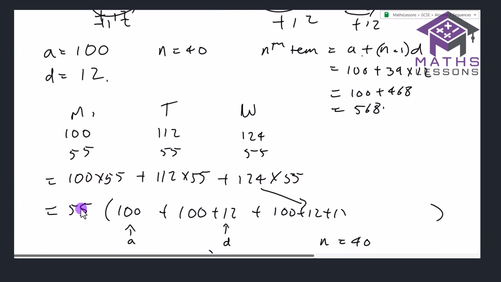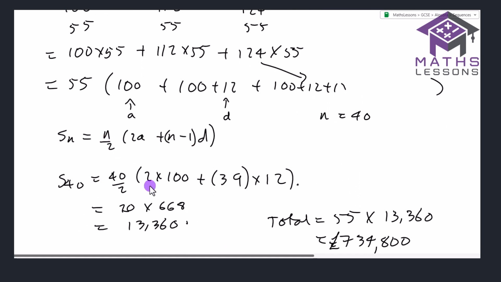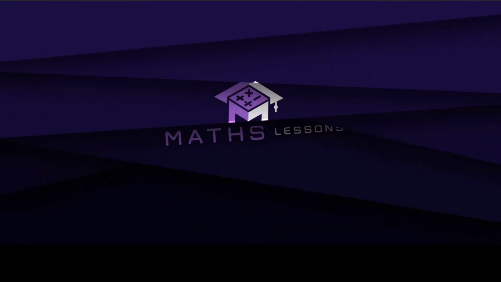We can take out a factor of 55, and then you're just left with this arithmetic series, 100 plus 100 plus 12 plus 100 plus 12 plus 12. Therefore we can use this formula to work out the sum of the inside of the brackets, and then we can multiply that by 55 to get our total wage bill.